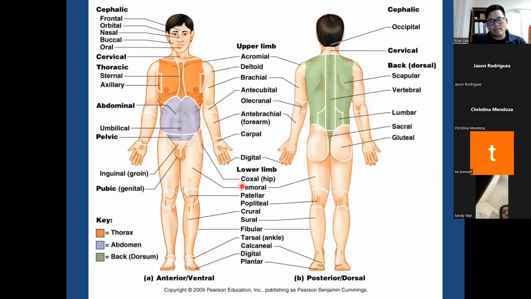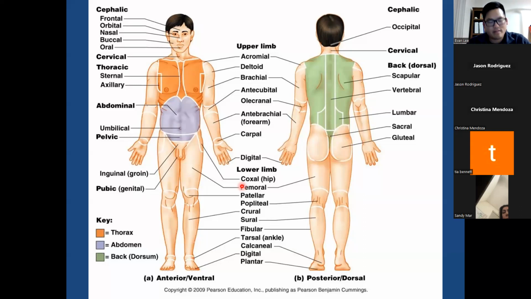So with that said, that's about it for today's lecture. I know it's kind of the intro to the course as well, but this is an overview of how we're going to organize stuff in anatomy.